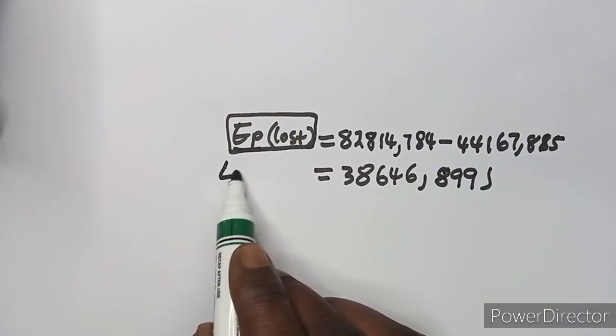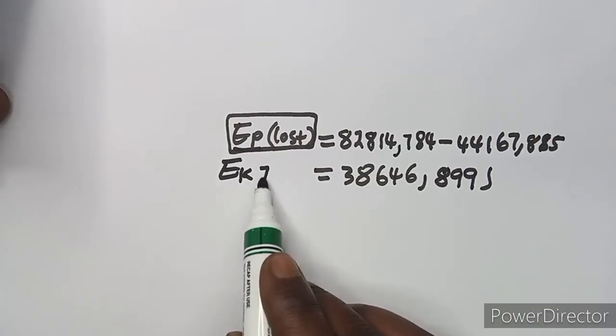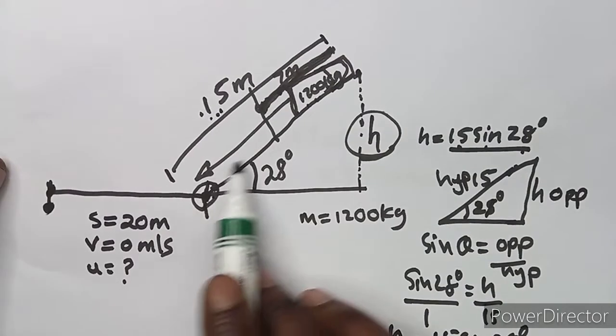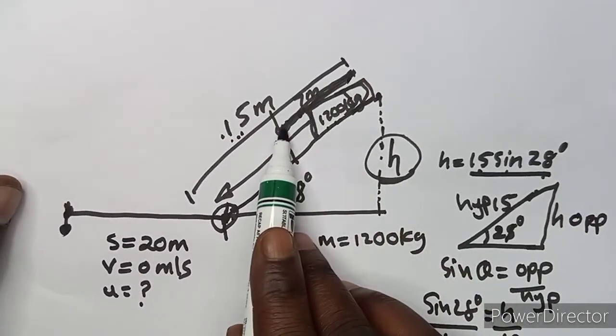So that means we have the kinetic energy after moving 7 meters, which is the one that we wanted to calculate. But as you can see, we had to use another way in order to obtain the answer, which was supposed to be direct, but we had to move around because we have moved 7 meters.